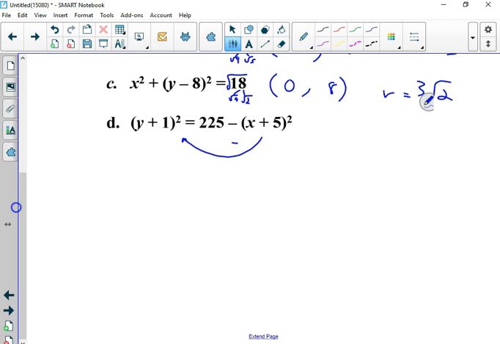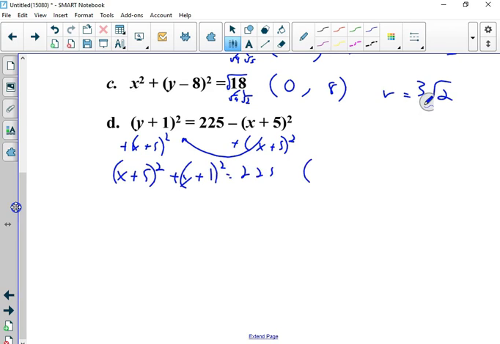So we're going to have to add x plus 5 squared. So what we have is x plus 5 squared plus y plus 1 squared equals 225. And now, opposite of 5 is negative 5. Opposite of 1 is negative 1. And the square root of 225 is 15.